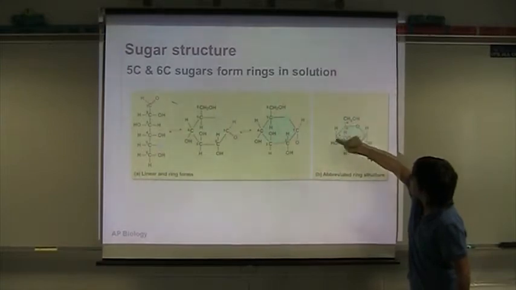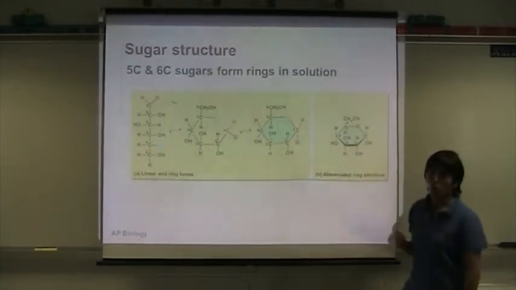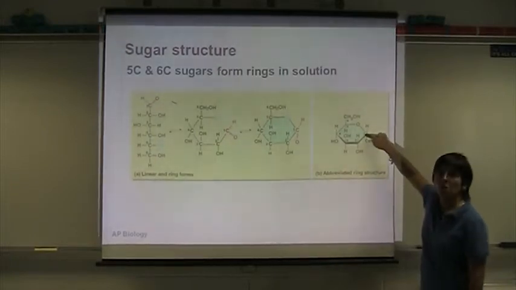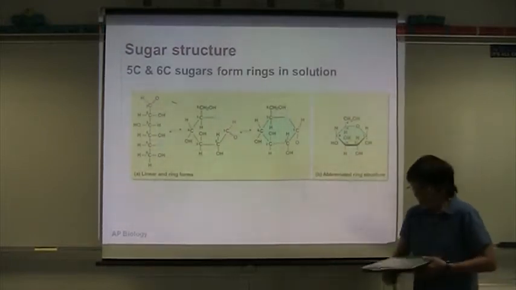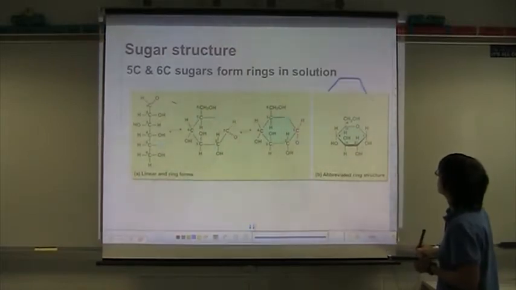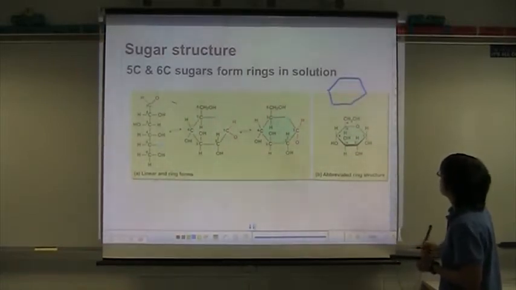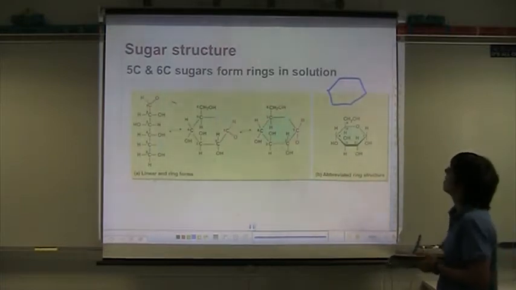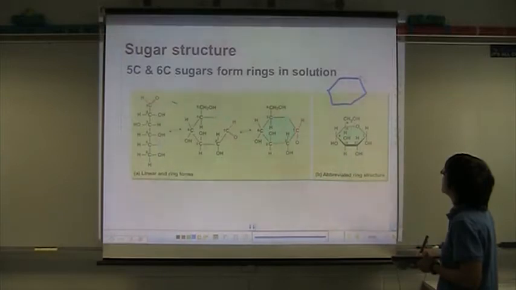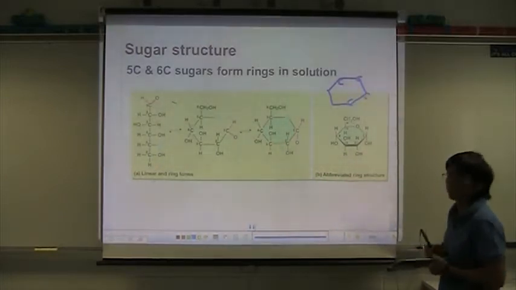Here you have H's and OH's marked all over. The carbons are numbered. Here is carbon 1. Notice that they don't write the carbons. Every time you see a ring structure, this is just for the sake of clarity. If I make a ring structure like that, it means that in each one of these corners you have a carbon.